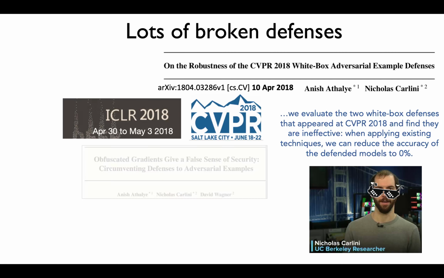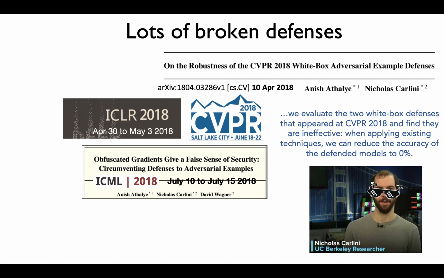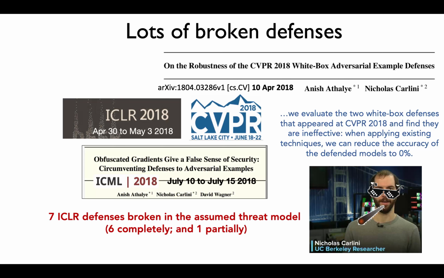So for example, in ICLR 2018, there were many defenses proposed, and this ICLR conference was in May 2018. And within a couple of months, it was shown that 7 of the defenses were broken in the assumed threat model. 6 were broken completely and 1 partially.